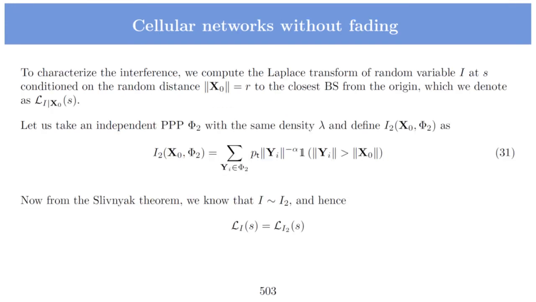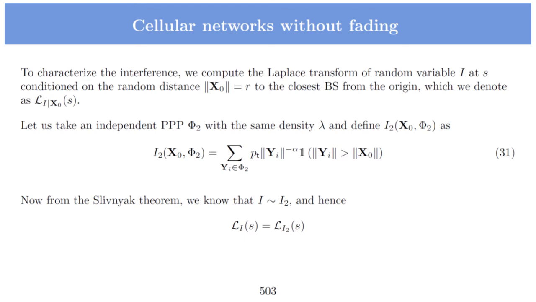Now we will characterize the interference, and it will be done in the same way. For the interference, we will find a new independent base station process from the Slivnyak-Mecke theorem, saying that conditioned on the tagged base station location, the rest of the base stations are still a PPP.